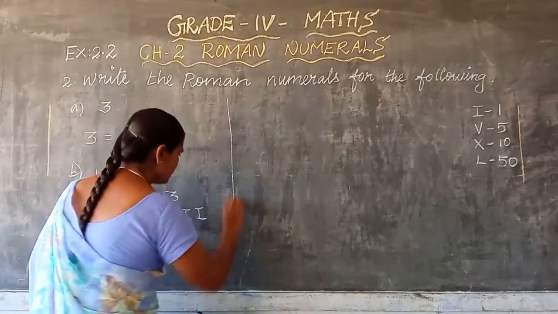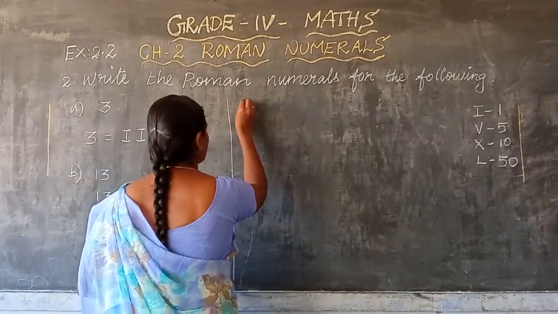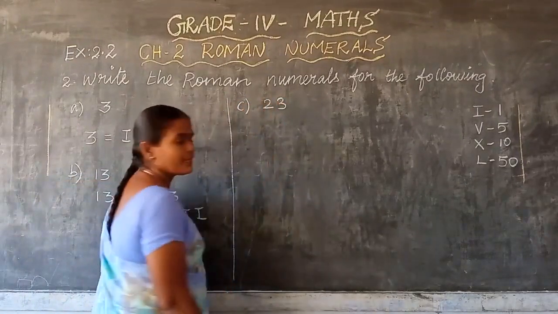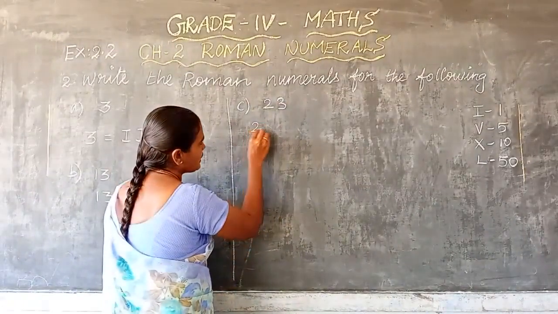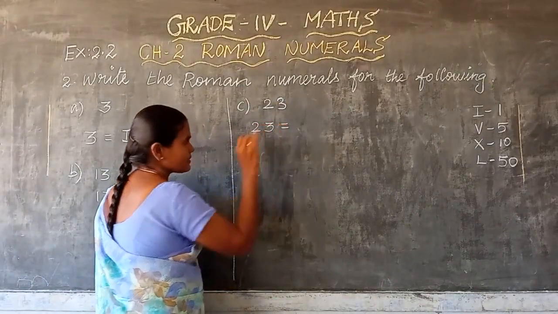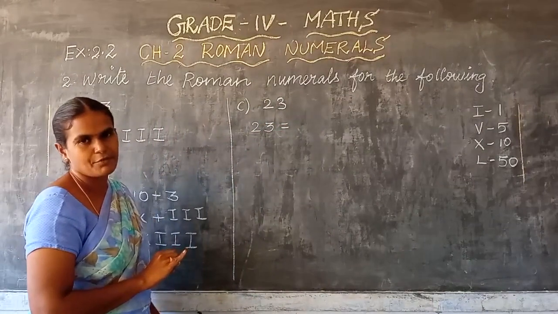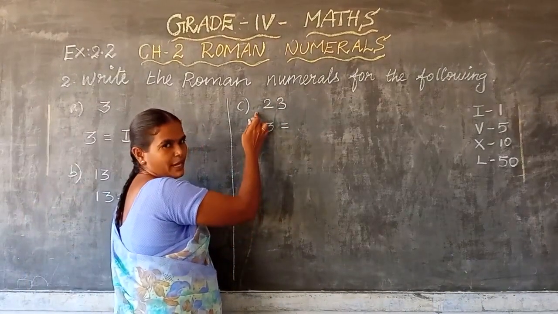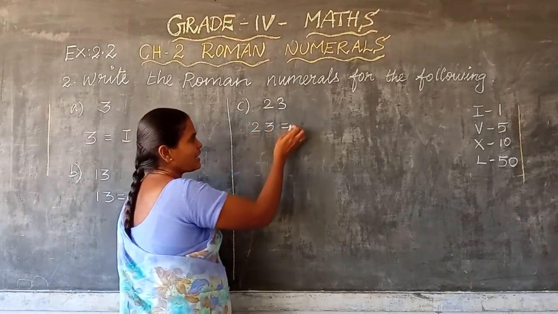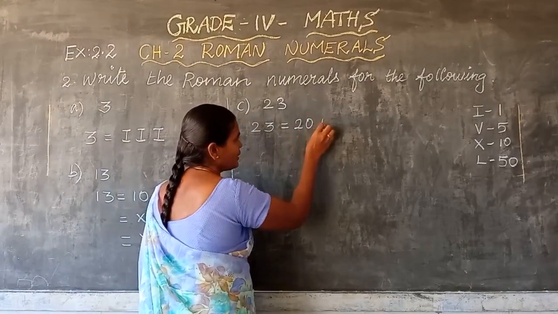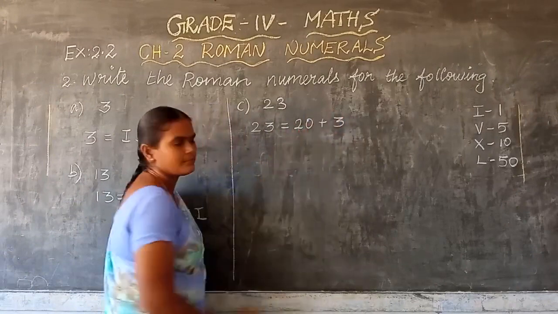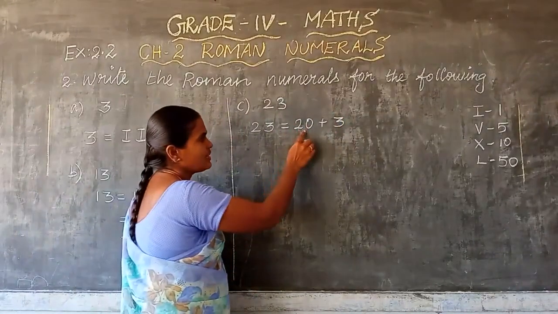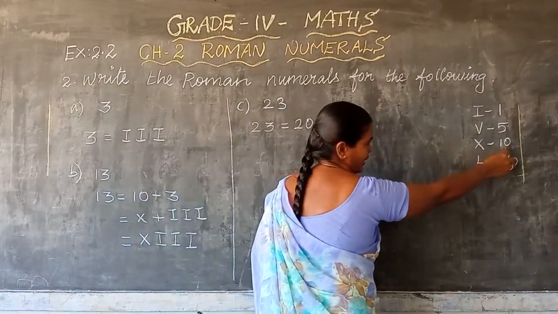Next one. See some. 23. 23 equal to, first step you write the expanded form. 23 means 3 ones, 2 tens. 20 plus 3. Okay. 20 plus 3. 20 means X value 10.